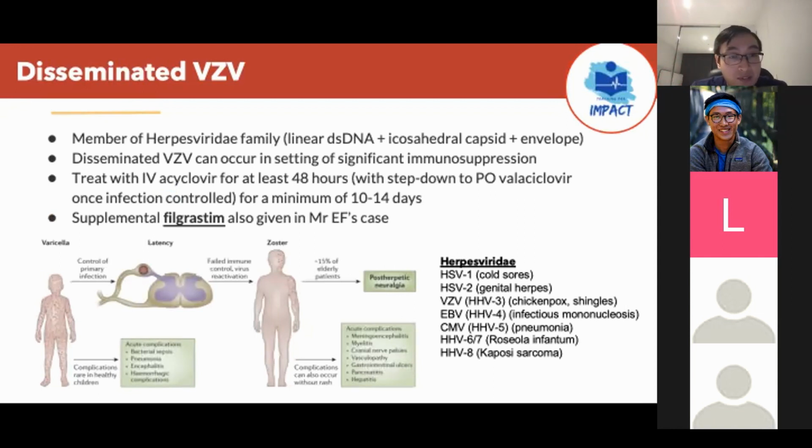Usually what happens with VZV, it enters through the mucosa of the respiratory tract. It then replicates in the regional lymph nodes, enters the bloodstream, causing this primary viremia, and then goes to the liver and spleen, amplifies up in the liver and spleen, and then re-enters the bloodstream, causing what we call secondary viremia. And then from the secondary viremia, it infects the skin, resulting in the characteristic vesicular rash of varicella, also called chickenpox. So that's primary infection.